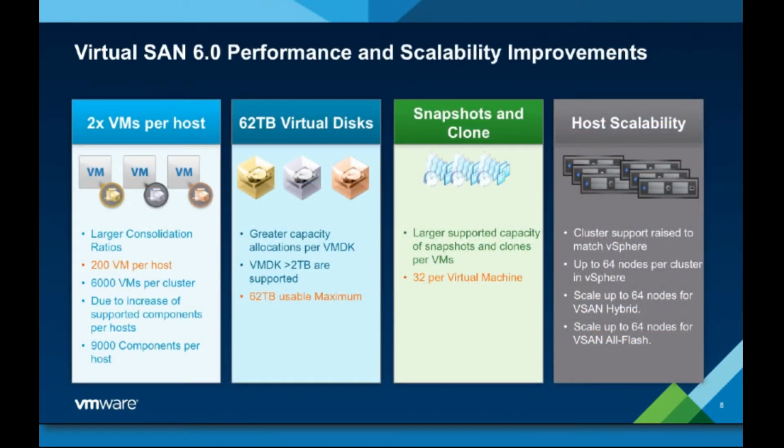So there's always a lot of talk around virtual SAN, especially with the conversations of scale. And everybody's quick to latch on to the idea of 64 nodes in a cluster. And while this is pretty impressive, we have to back up and say, when exactly are we going to be deploying 64 node clusters of virtual SAN?